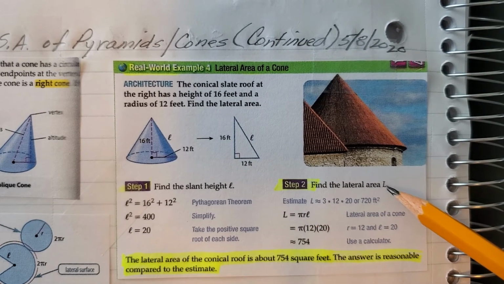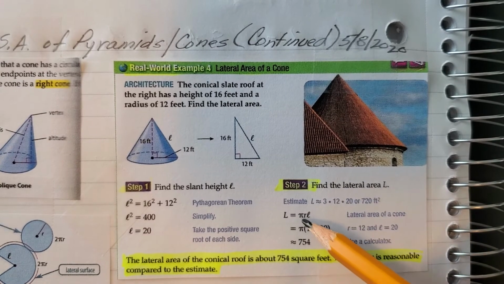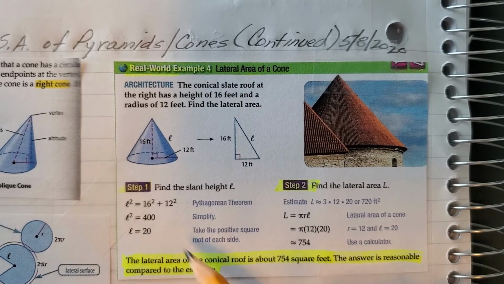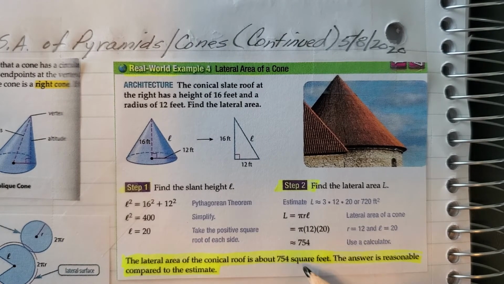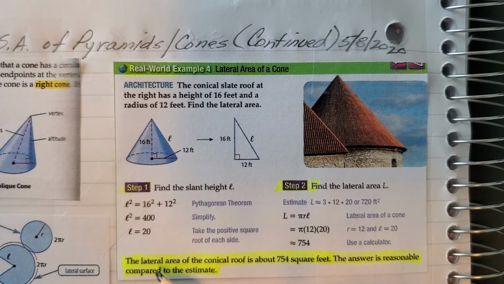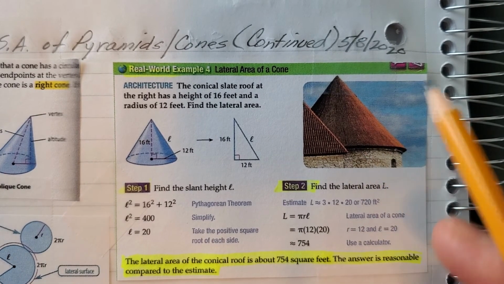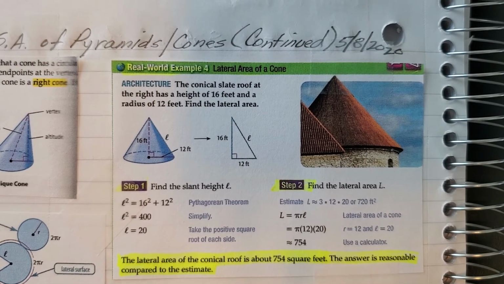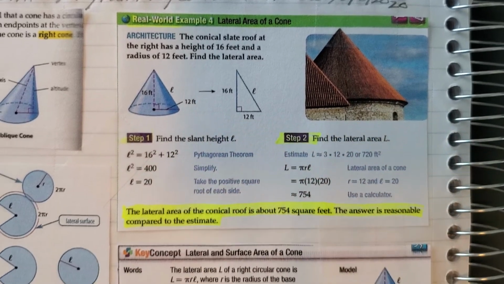Then the lateral area is pi r L, so pi times 12 times 20 gives us about 754 for the lateral area of this top section of the figure. It's a slate roof.